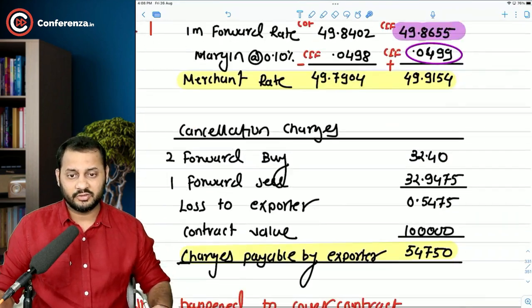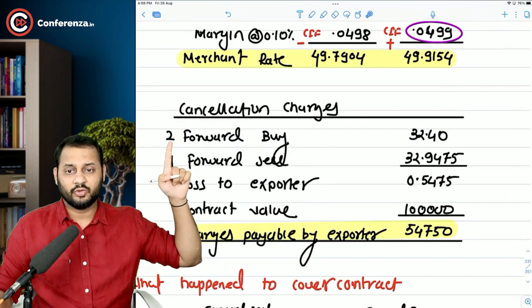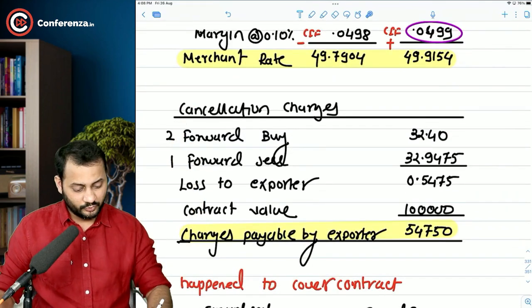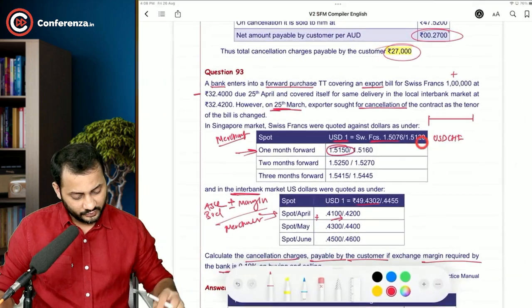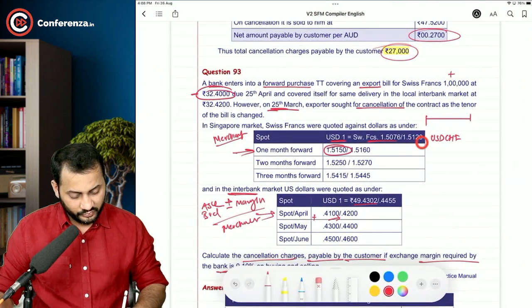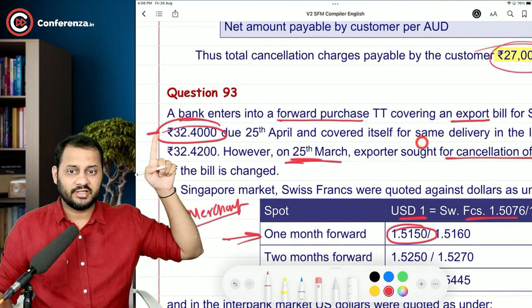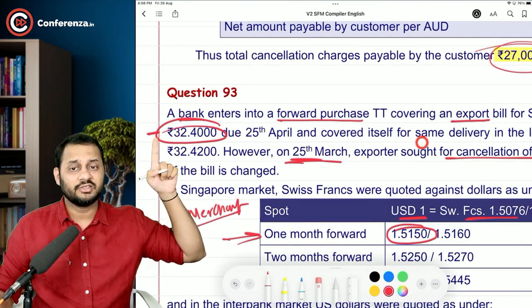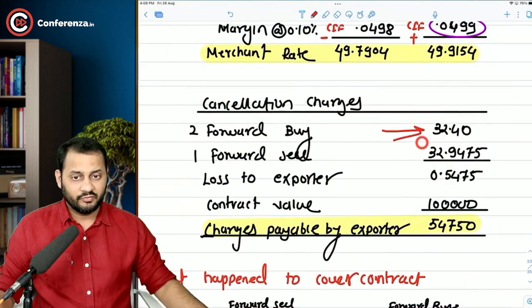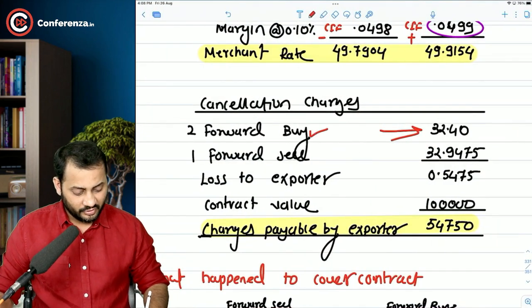Okay, let's come to the conclusion now. Cancellation charges. The original 2-month buy rate was 32.40 with the client. At this rate, the bank was about to buy the Swiss franc. This was an outflow. From the bank's angle, it was a buy contract.